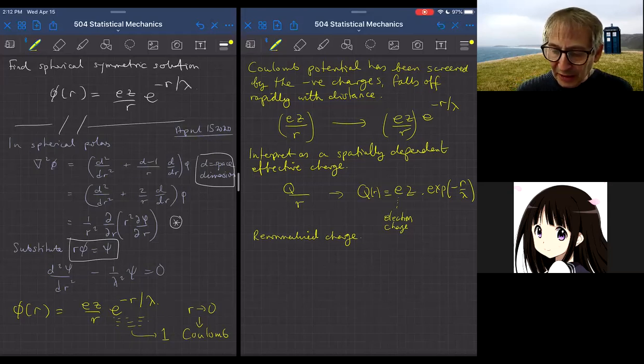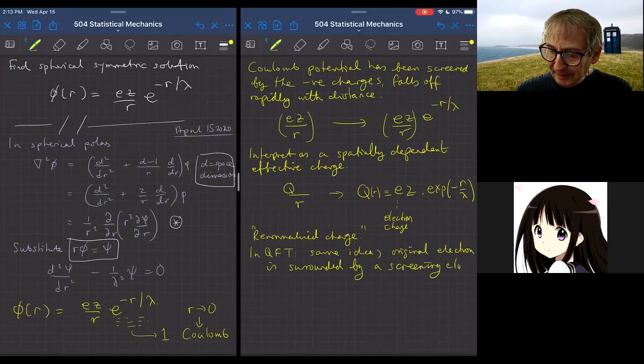So we call this a renormalized charge, and we note that in quantum field theory you have the same idea, namely that the original electron is surrounded by a screening cloud of virtual particles.